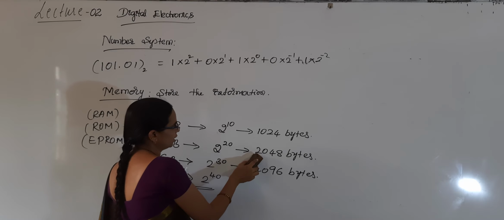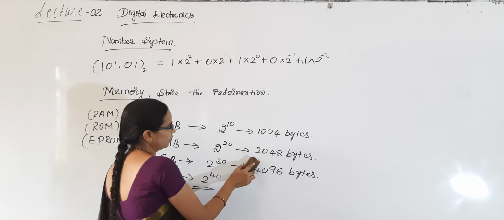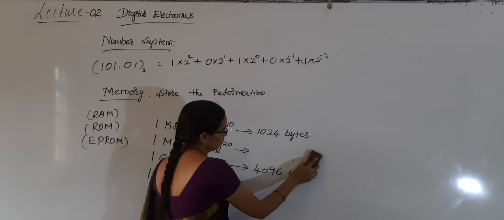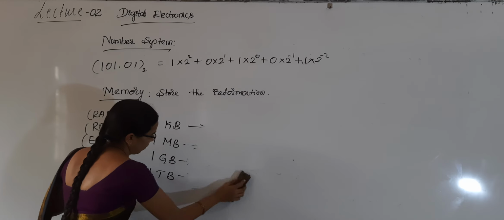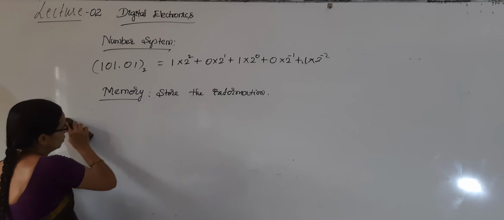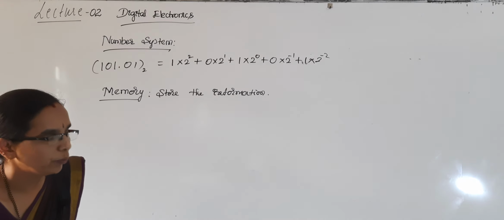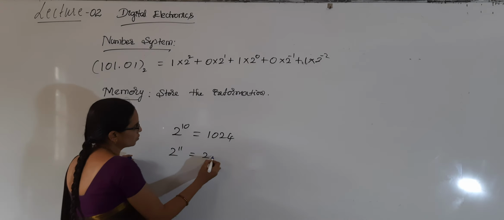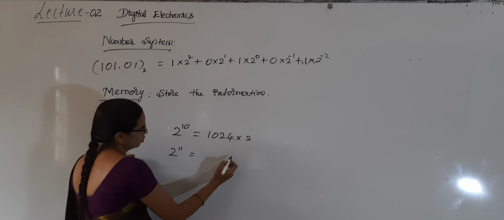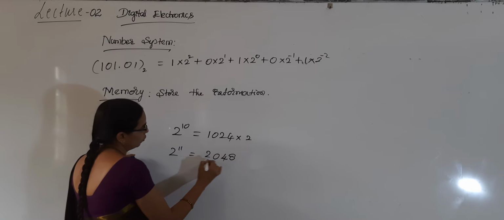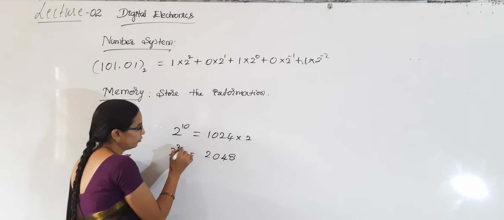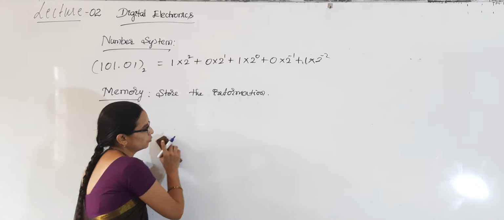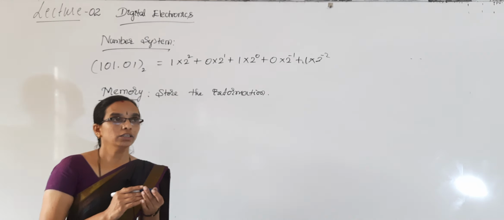2 power 20, calculate it and write it. 2 power 10 is 1024. 2 power 11 is 2048, but 2 power 20 is something different. 2 power 20 is 1024 into 1024.